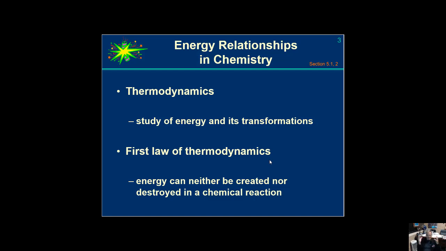And if we broaden that to look at the notion that energy can neither be created nor destroyed in the universe, that says that the total energy content of the universe is constant. So at the beginning of the universe, there was a given amount of energy, but that energy gets transformed from one form into another. However, it's neither created nor destroyed.